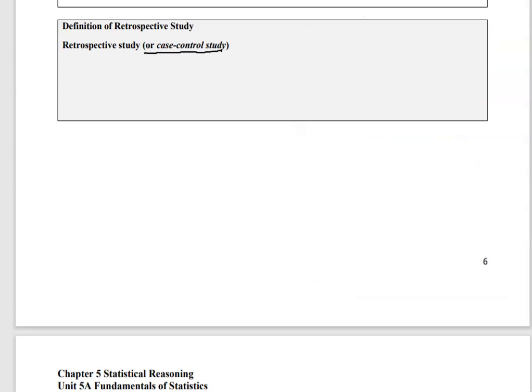It is an observational study that uses data from the past, such as official records or past interviews, in which the sample naturally divides into a group of cases who engaged in the behavior under study and a group of controls who did not. So it's an observational study from the past.